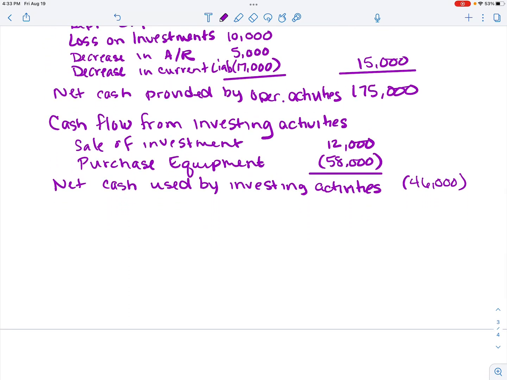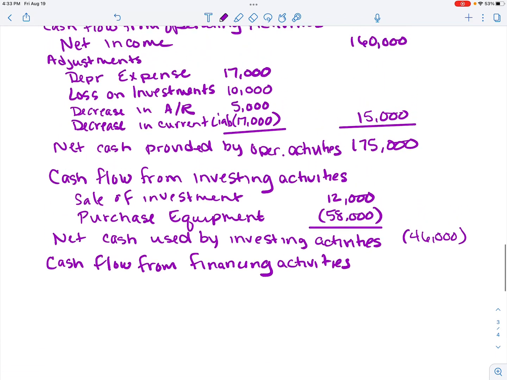All right, one last section, and that's the financing section. So we're going to list out cash flow from financing activities. And then we're going to go through and find anything that related to the financing.